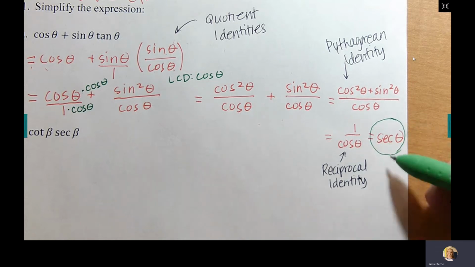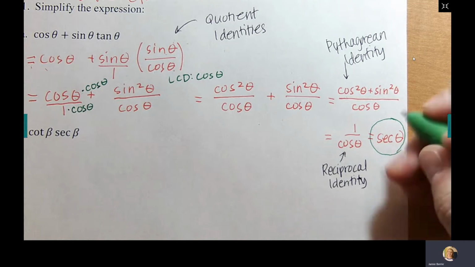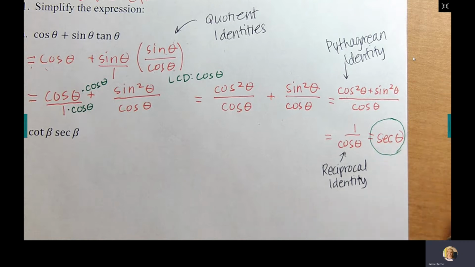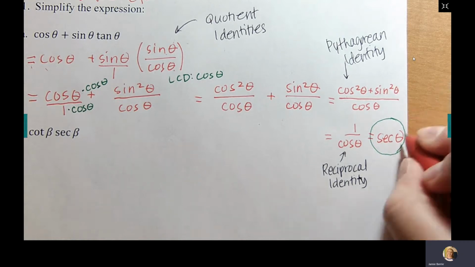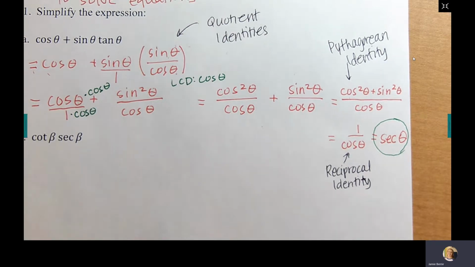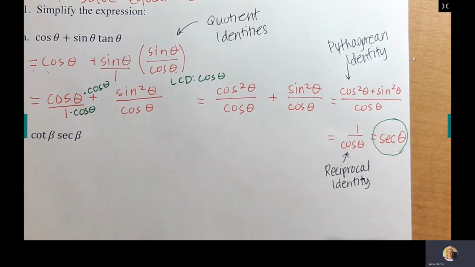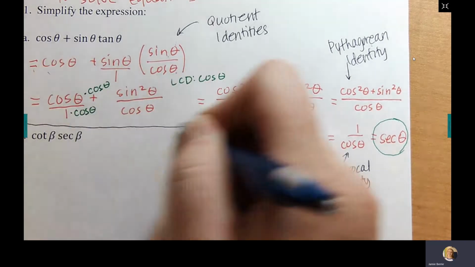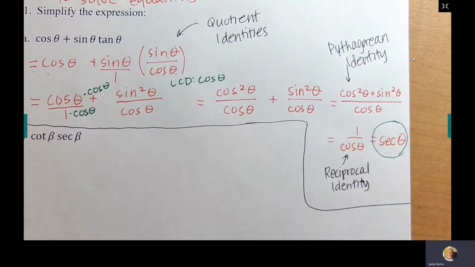So you just have a trig function. It's raised to the first power. Nothing crazy is going on with our angle theta. So that's how you know when to stop, is when you get to something that looks so simple that you could not get any more simple than that.